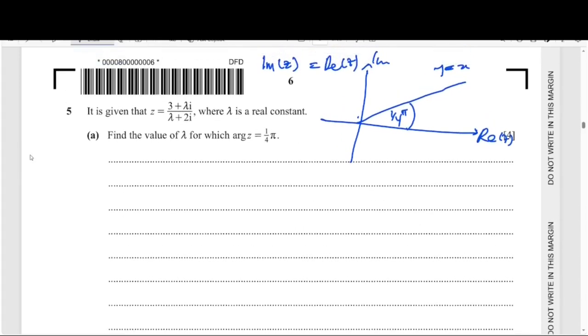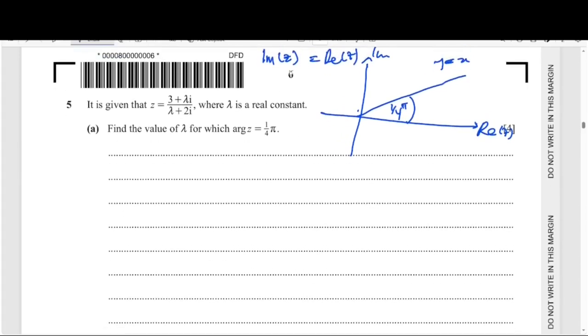But before that, for us to determine the imaginary part and the real part, we need to write the complex number in a Cartesian form, like x plus iy, where y is the imaginary part and x is the real part. So we're going to rationalize this complex number by multiplying both numerator and denominator by the conjugate of the denominator.